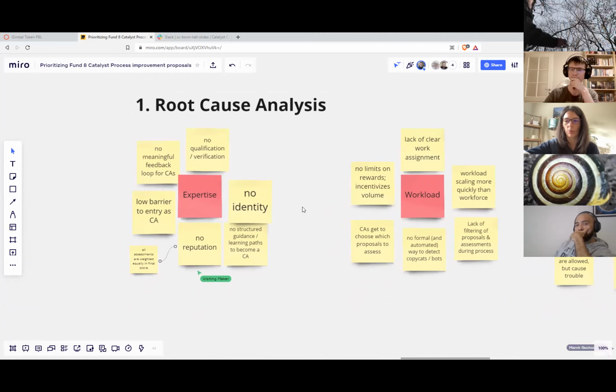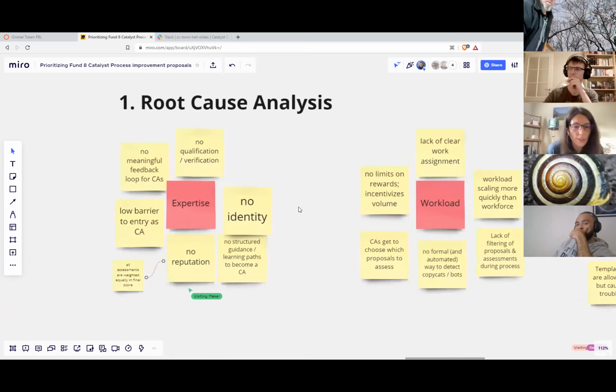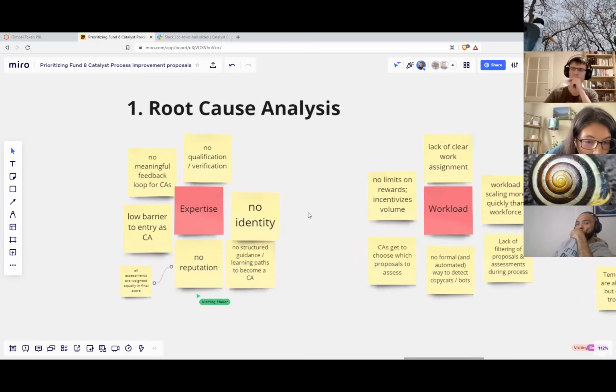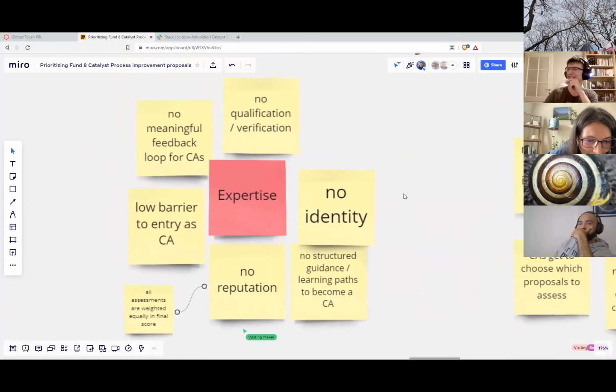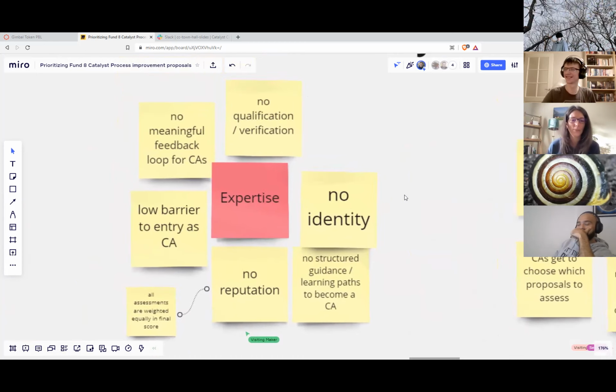There's no weighting or ranking system to understand their history, level of involvement, and level of production of quality within the system. All assessments are weighted equally in the final score. So that's attached to the reputation.